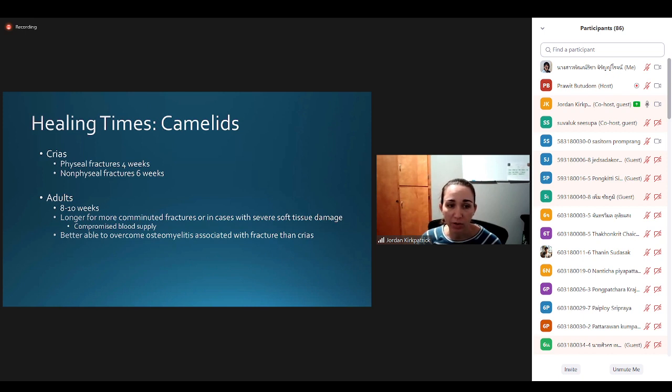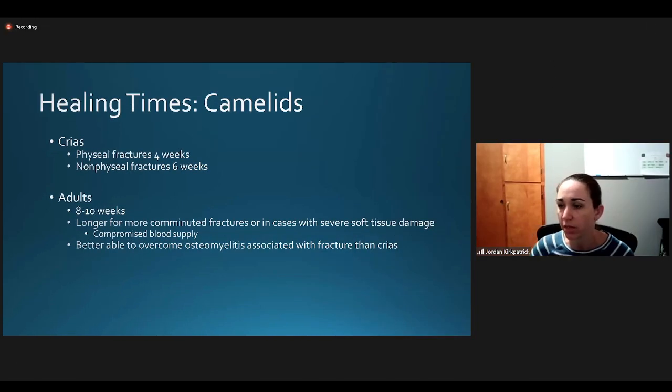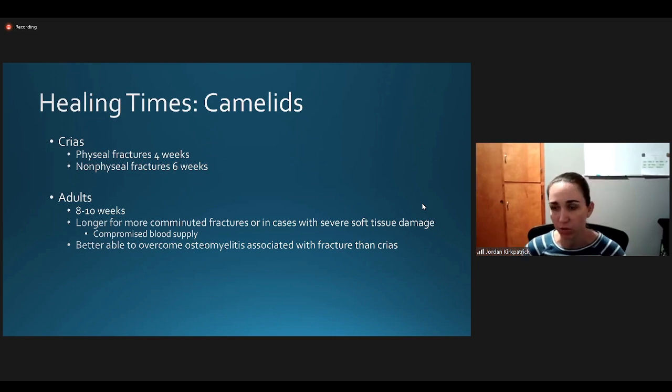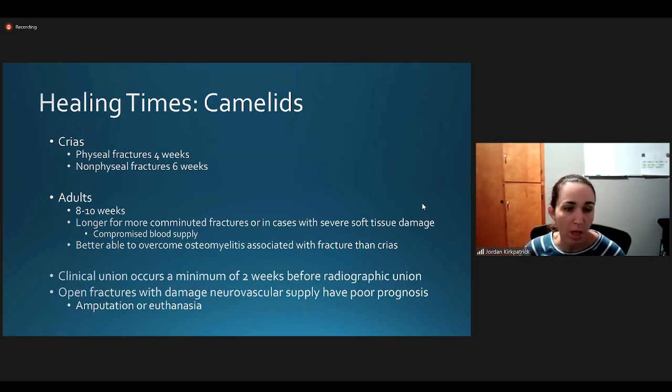Adults about 8 to 10 weeks, and in general, it's longer for comminuted fractures, especially with severe soft tissue damage. And adults, if they do have osteomyelitis, it's easier for them to overcome that than in the younger animals, because younger animals can have other problems going on besides just the fracture, like an infected umbilicus, pneumonia, things like that.